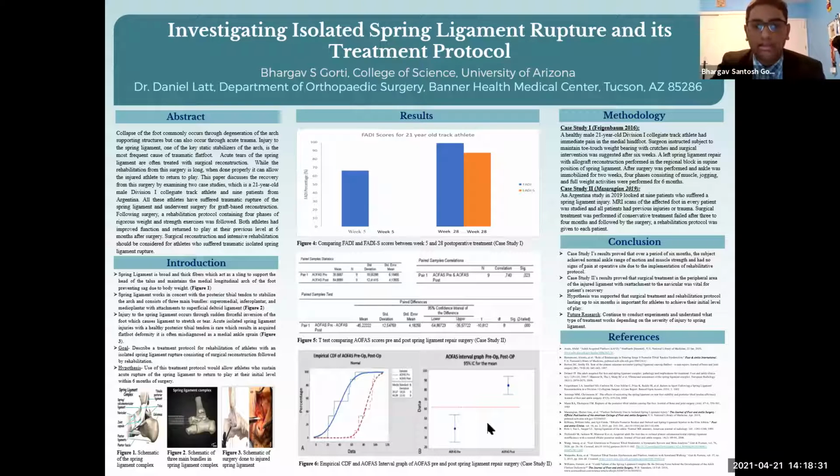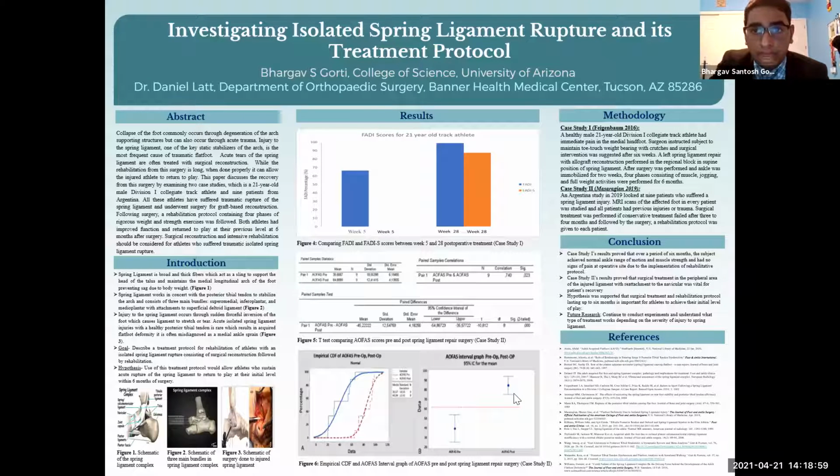And the next one is the interval graph. The interval graph is very useful for understanding the distribution of the values. We can see that here 60 is about the median, and for the AOFAS pre, the values go from 25 to about 55, with the center about 40.